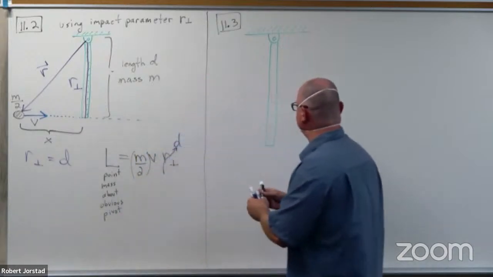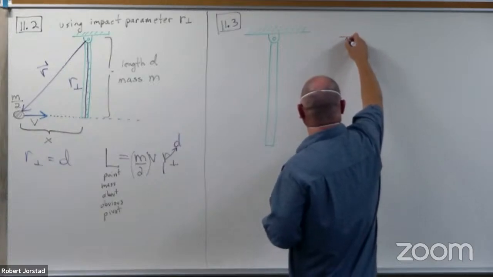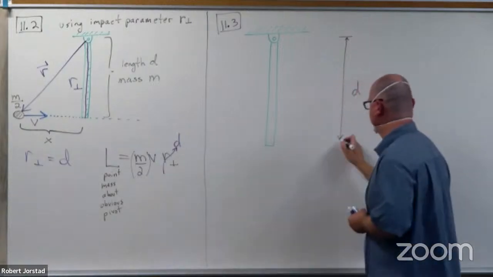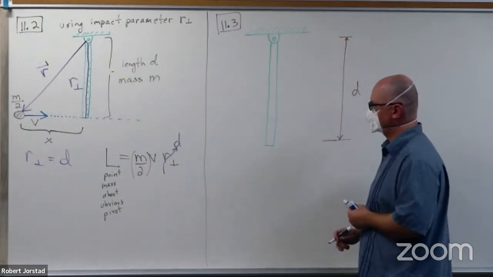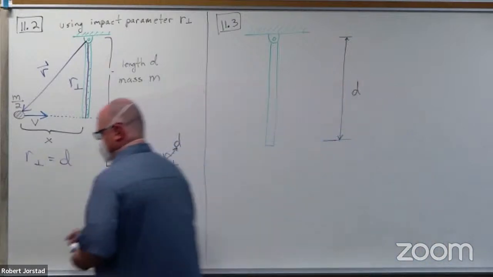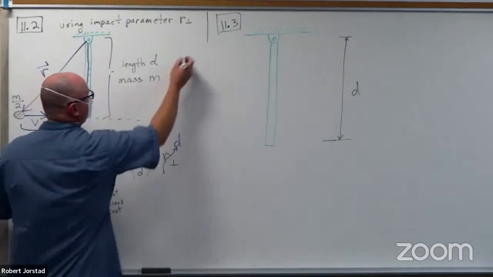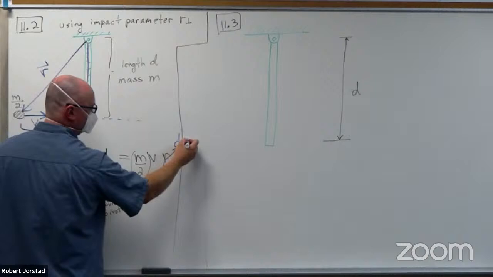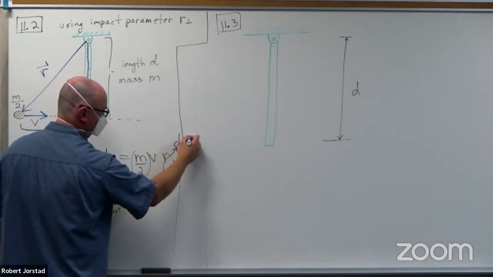Now what I want to do is say the entire length of the rod is D. And now I'm going to have the point mass over here. I need a little bit of space. Now my particle is going to be over here, distance D. This figure is not to scale.